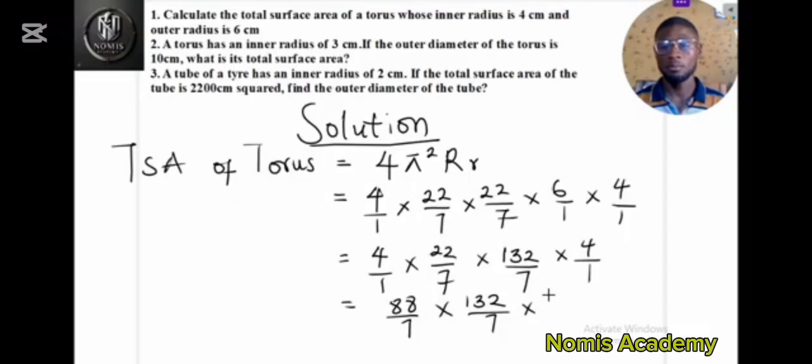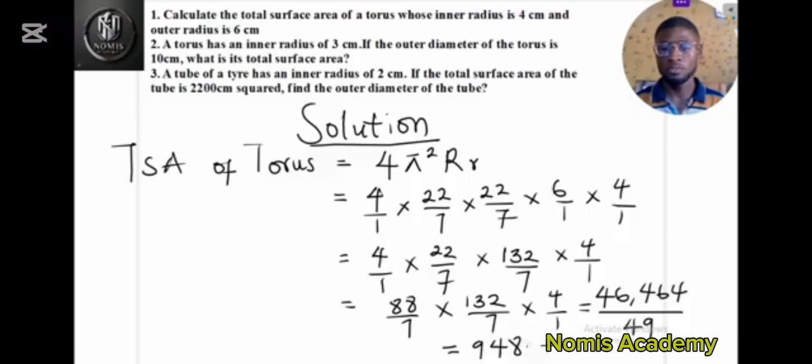So when we multiply the numerators, we are going to have 46,464 divided by 7 times 7, which is 49. So 46,464 divided by 49 is equal to 948.24 to 2 decimal places.